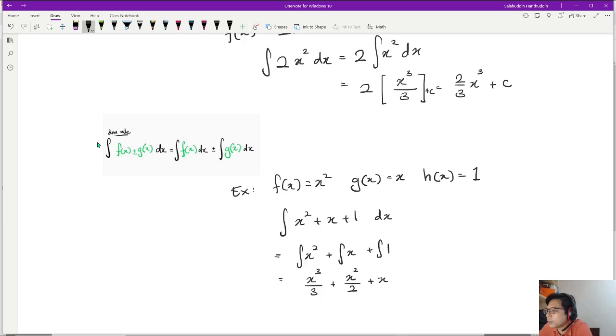Oh, what about the c? Should we put c plus c plus c? No, we don't have to do that. We can just assume c1, c2, c3 are all the same constant, so we can just put one c here.